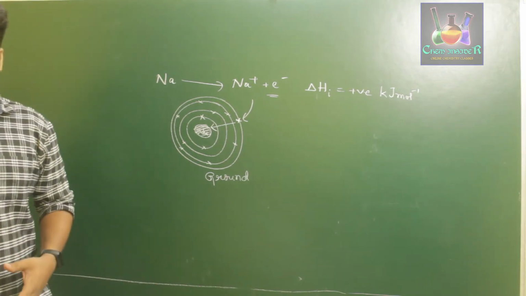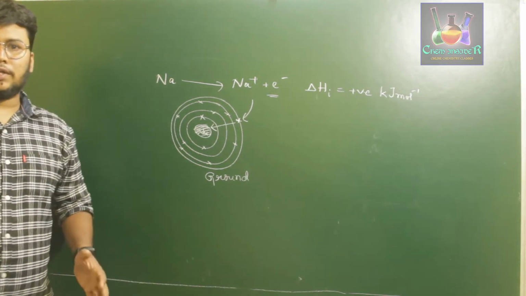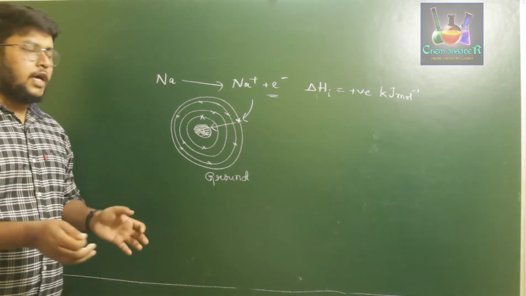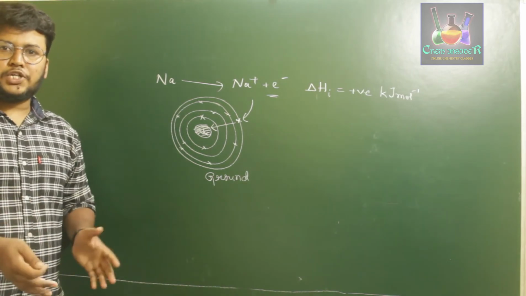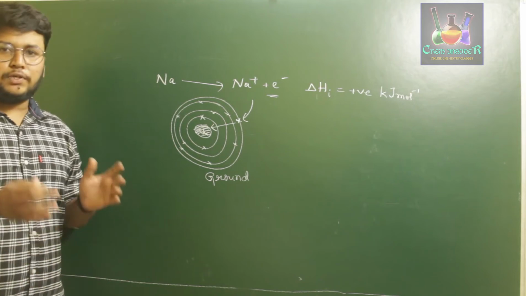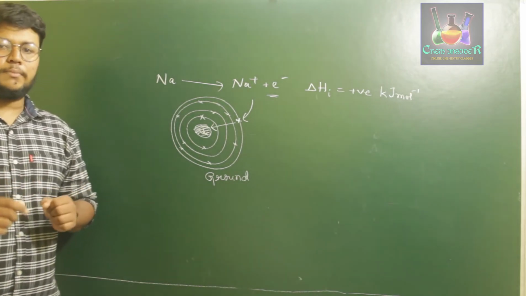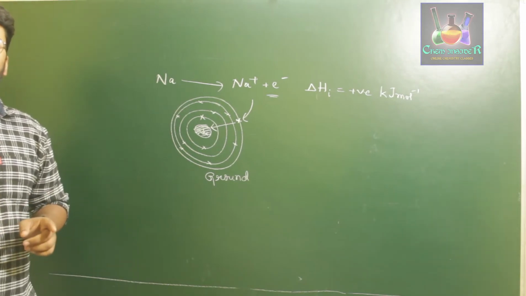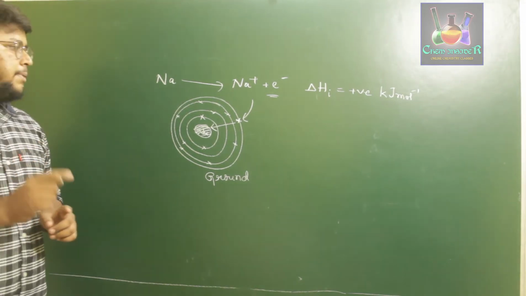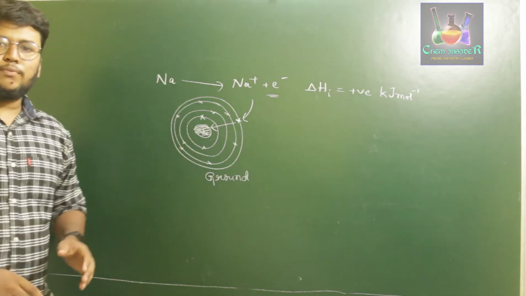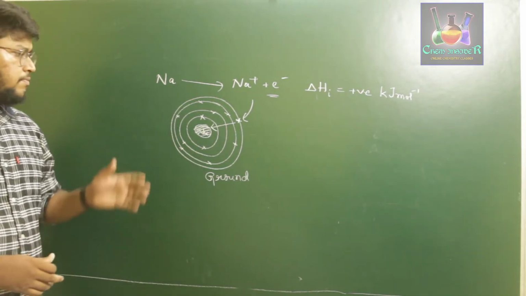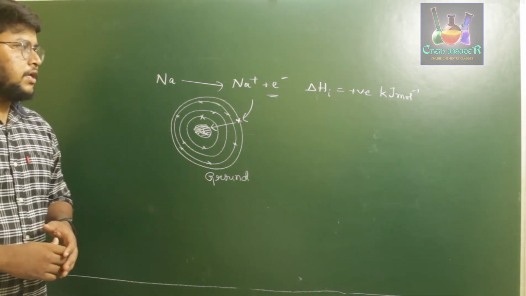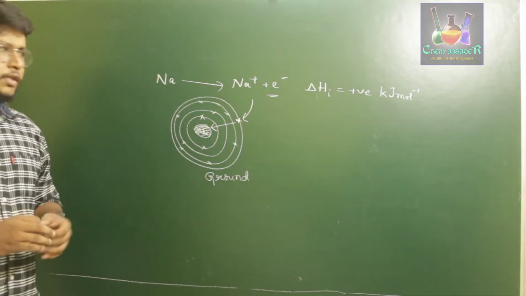If it is solid, we won't be able to remove those electrons. If it is a gas, we can easily remove those electrons. So therefore it has to be an isolated gaseous atom. So ionization enthalpy is the amount of energy required to liberate an electron from the outermost shell of an isolated gaseous atom.